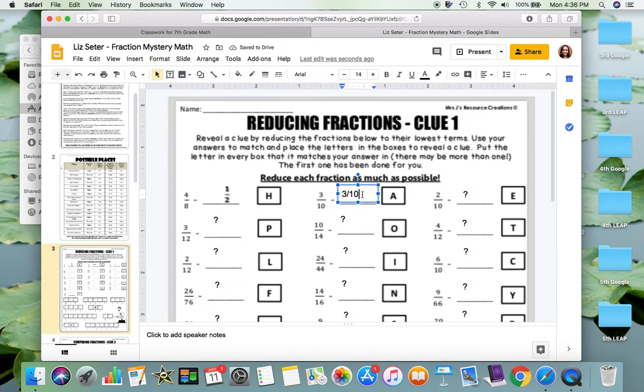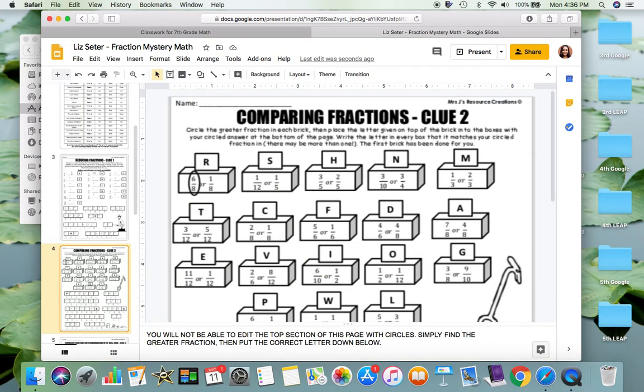Not all of them are already in simplest form, so you're going to have to go through and find out which ones. Then you're going to figure out the clue, go back to your possible suspects, and put an X if it wants you to cross out anything that's a statue or whatever the clue is. Next page, here's your clue number 2.